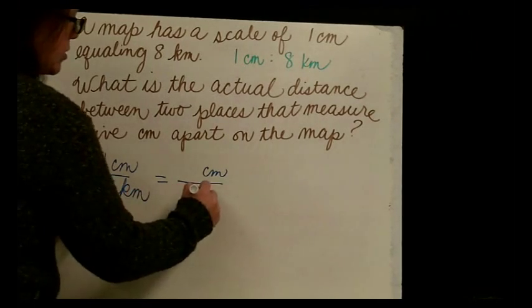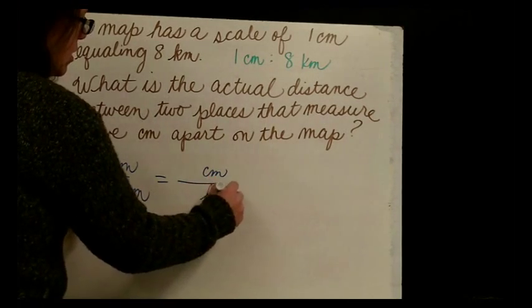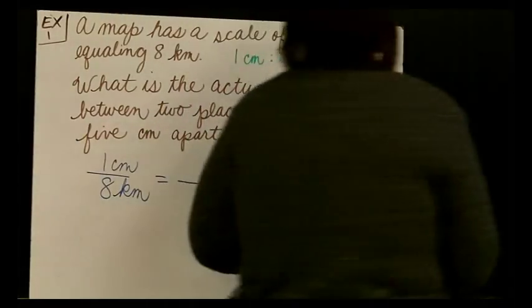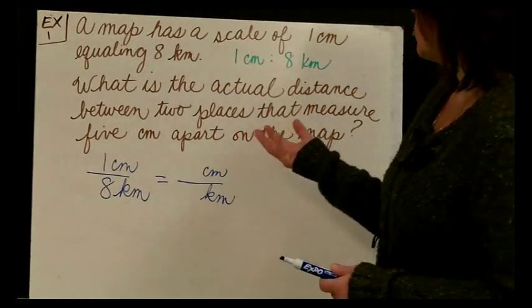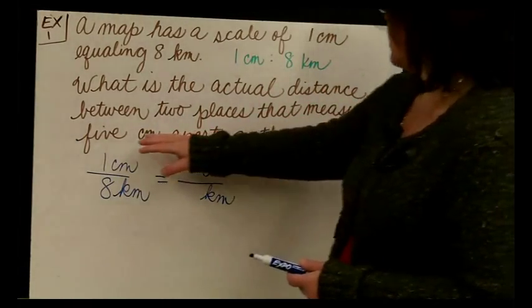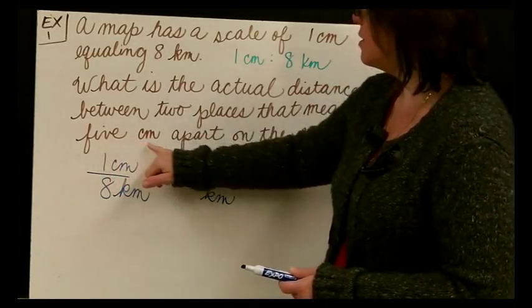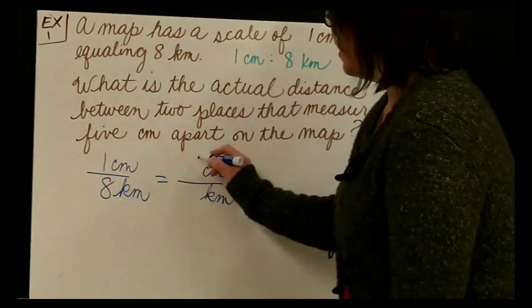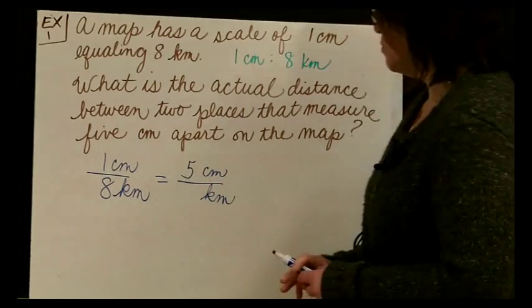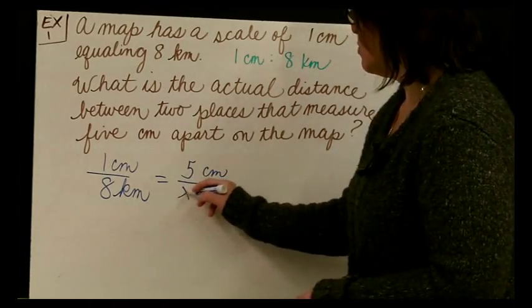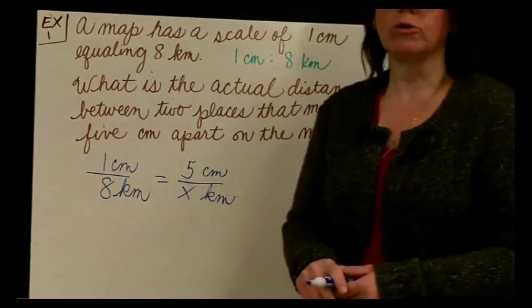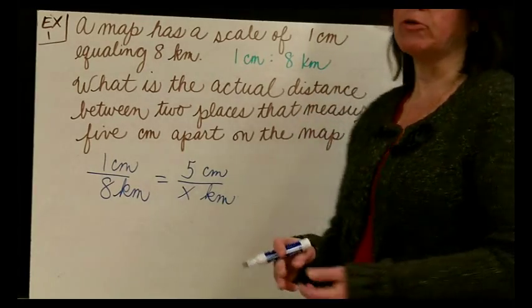So kilometers is here in the denominator, kilometers belongs right there. So let's take out the other information that we have. We're looking at 2 places that are 5 centimeters apart. So the 5 comes up here, and we want to know what the actual measurement is. So in other words, we have to solve for the kilometers.